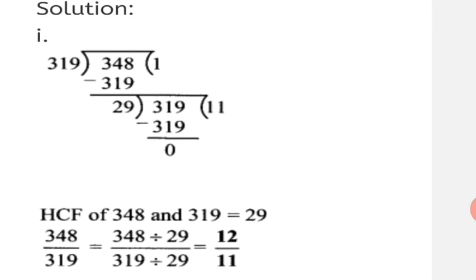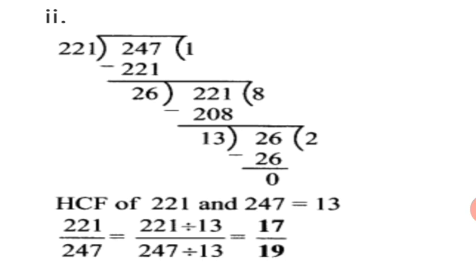Remainder 29. Now 319 divided by 29 again. 29 elevens are 319. Remainder 0. So we come to know the HCF of 348 and 319 is 29. So divide both the numbers by 29 and you get the fraction, your answer 12 upon 11.